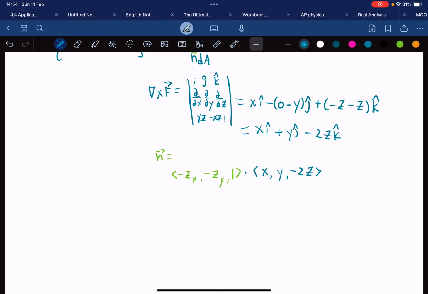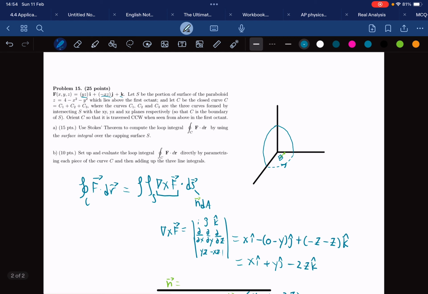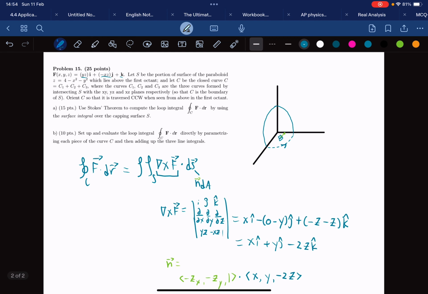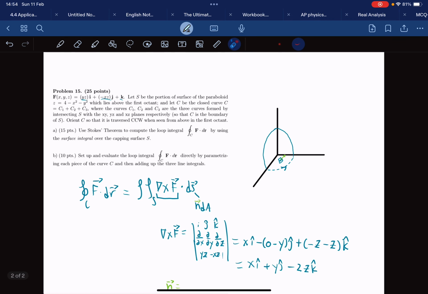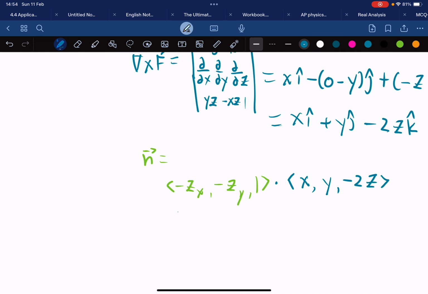And then first let's compute this. This is going to be negative the partial derivative of z with respect to x, which is going to be 2x, since there's a negative sign here. So this is going to be the first value.